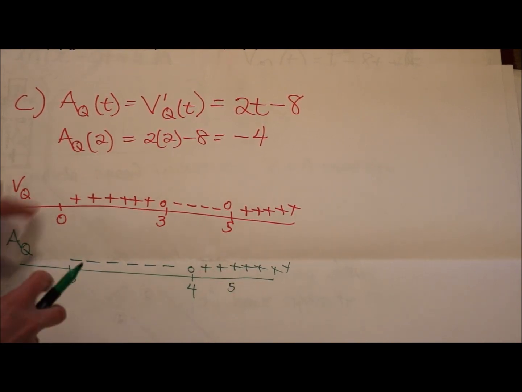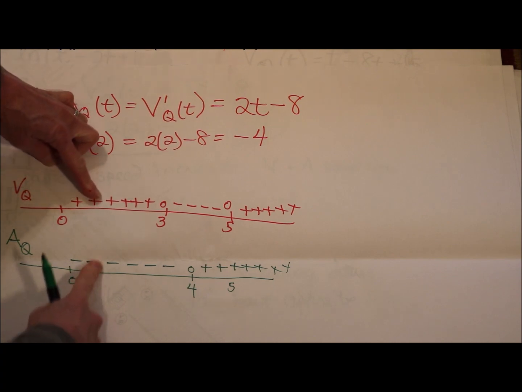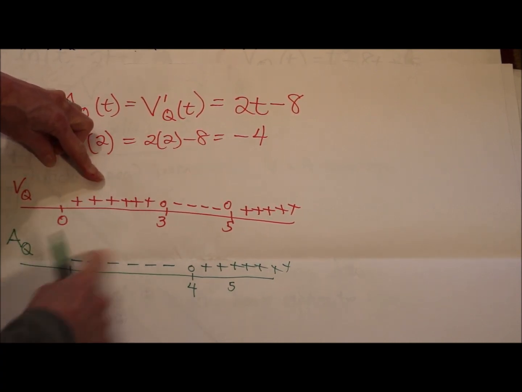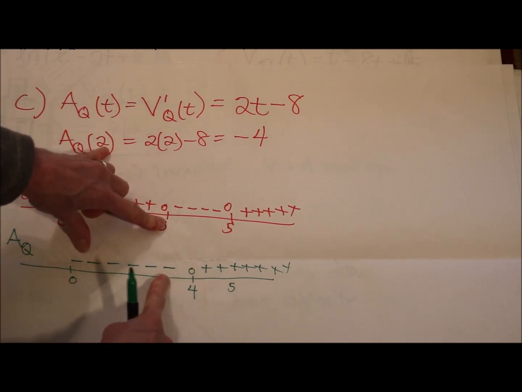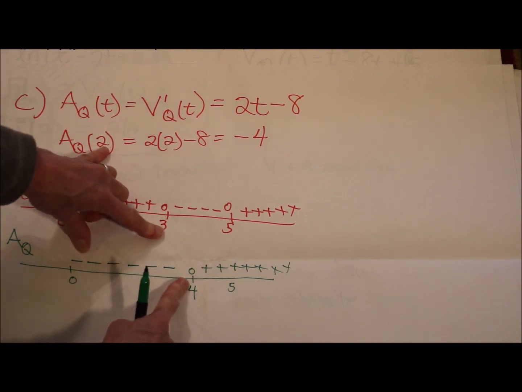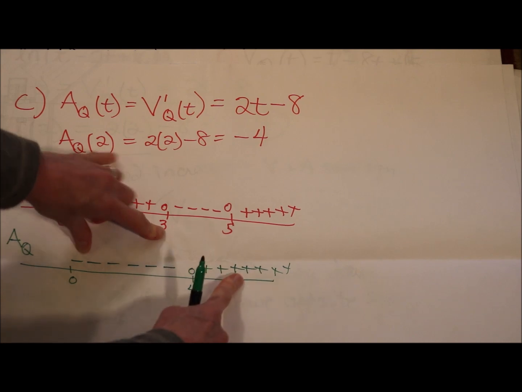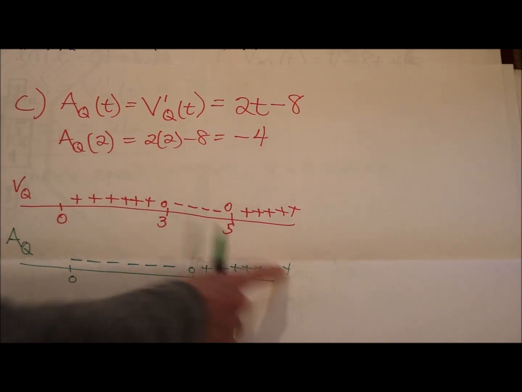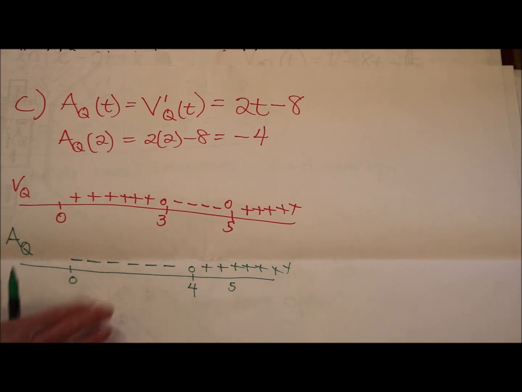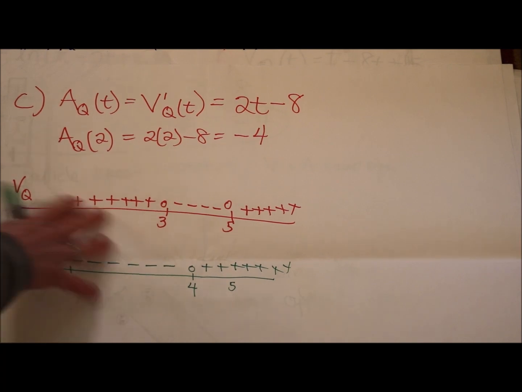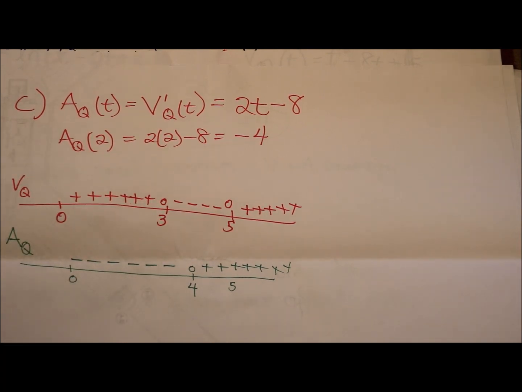So let's see, the signs of the velocity and acceleration are opposite, so the particle would be slowing down from 0 to 3. Ooh! The particle would be speeding up from 3 to 4, and again speeding up from 5 on. They did not ask us this for this question, but if they had, this is how you would have determined the intervals on which the particle was speeding up or slowing down.